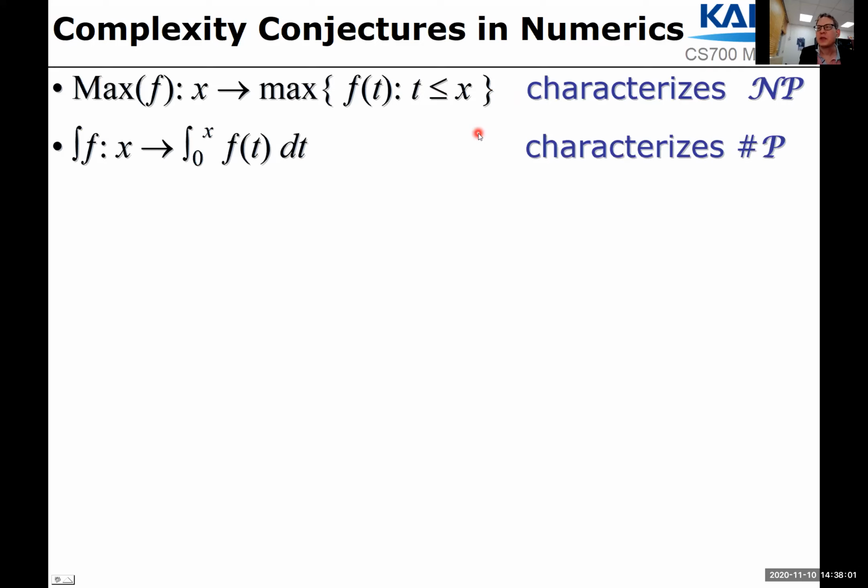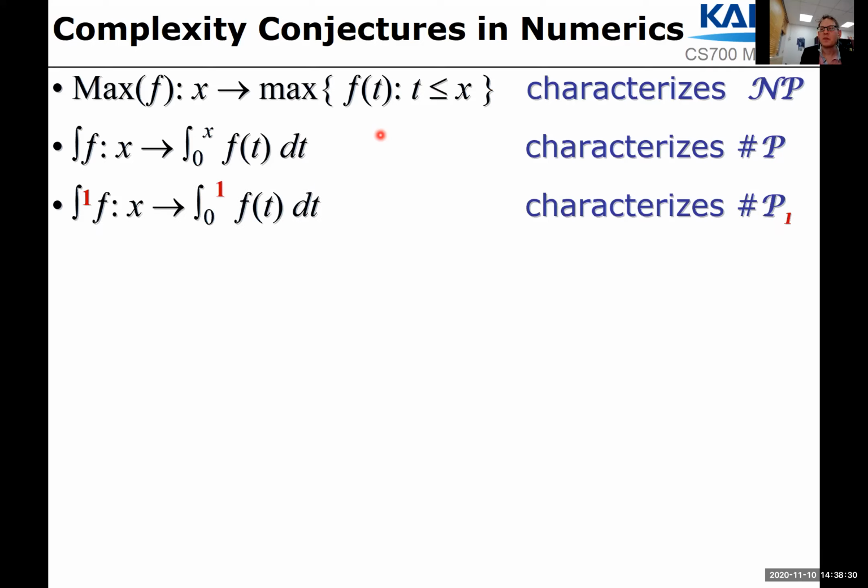And similarly, the Riemann indefinite integration operator characterizes #P. For an arbitrary polynomial time computable or even smooth function, its indefinite integral is again computable in polynomial time if and only if FP, polynomial time computable integer functions, equals #P, polynomial countable integer functions.